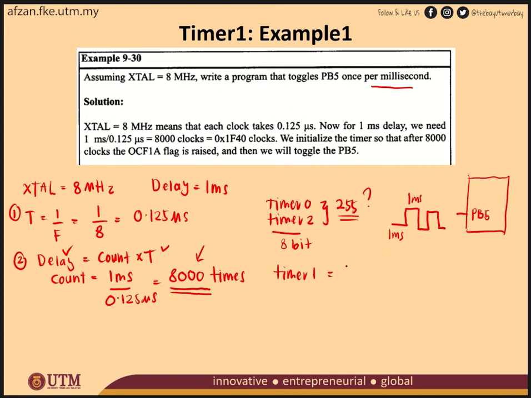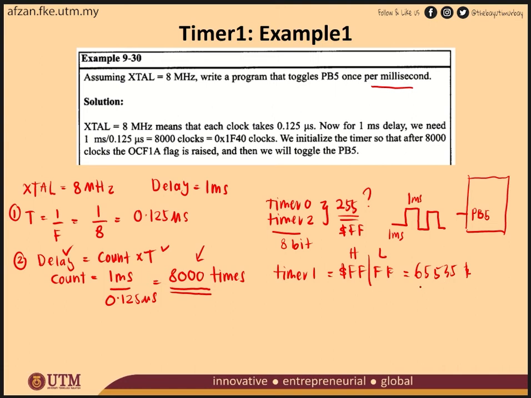Since your timer 1 is 16-bit, what is the maximum count here? Because you have 2 bytes, low byte and high byte, you recall this is TCNT1L and this is TCNT1H. Since your timer 1 is 16-bit, you can generate up to FFFF. If you convert this FFFF to decimal, you will get 65,535.